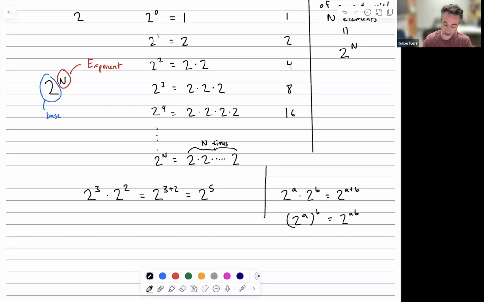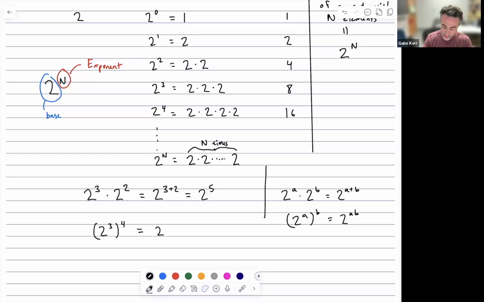So let's do this with an example. Let's say I have 2 cubed, and I'll take this to the 4th power. Well, that means I'm going to take what's inside the parentheses, 2 cubed, and take that to the 4th power. So what does that mean?